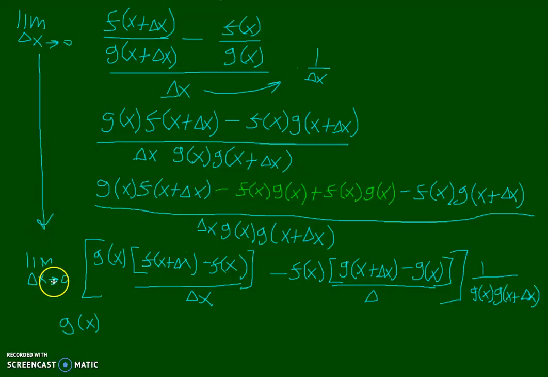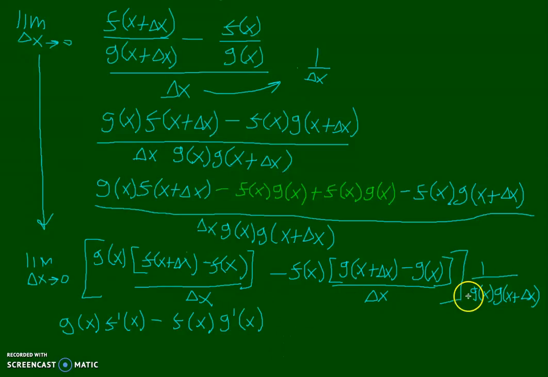The limit as delta x approaches 0 of this quantity is our familiar f prime of x. The limit of this quantity is simply f of x, so minus f of x. And the limit as delta x approaches 0 of this quantity is g prime of x.